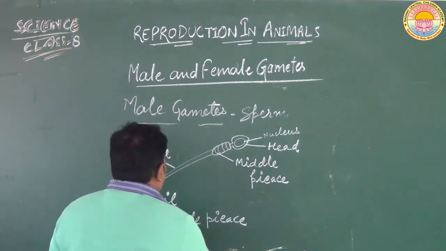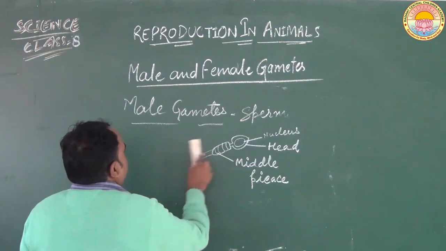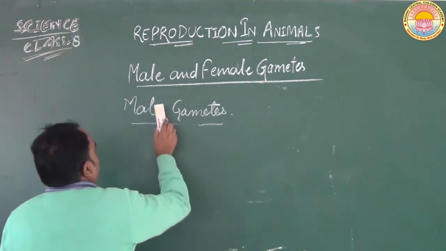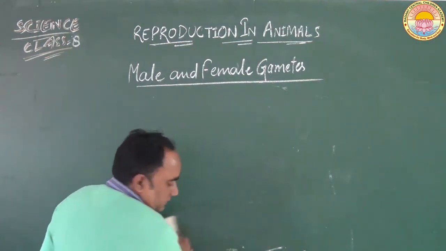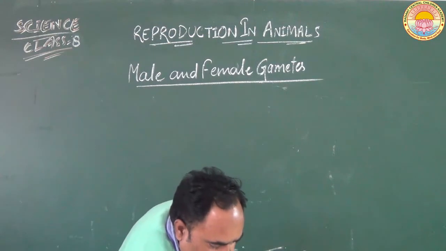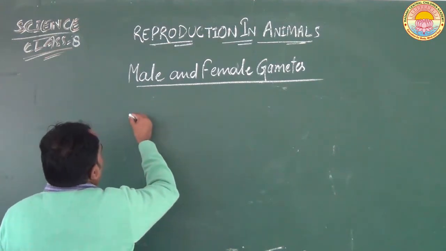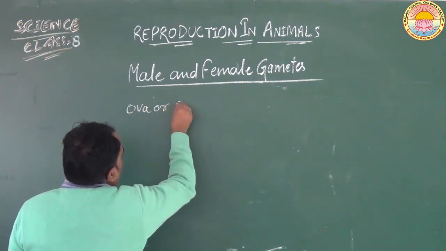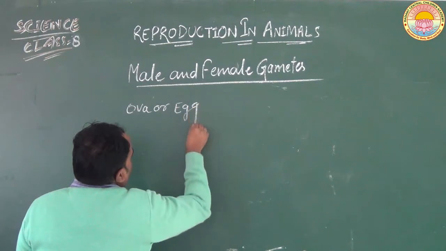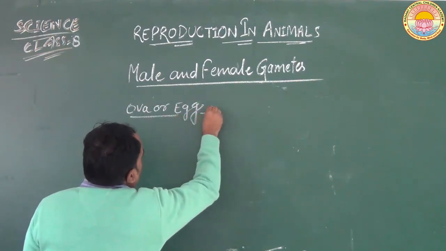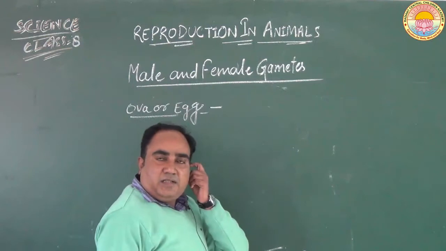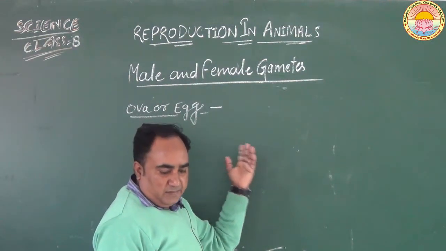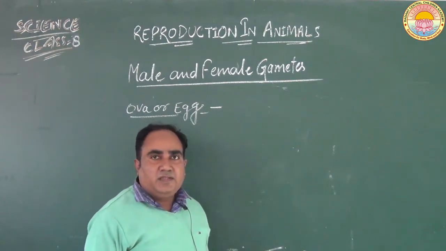Now we see the structure of female gametes. The female gamete is the ova or egg. You can say ova or egg. These female gametes are the reproductive cells that help in the process of reproduction.